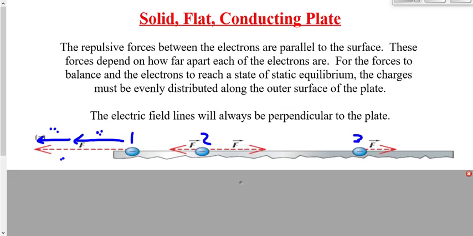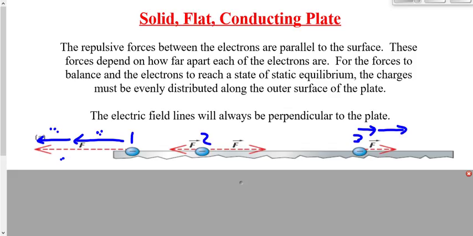Now let's look at charge 3 here. Charge 3 experiences a force caused by number 1. Charge 3 experiences a force caused by number 2. Force 2-3 is bigger than the force of 1-3 because 2 is closer.